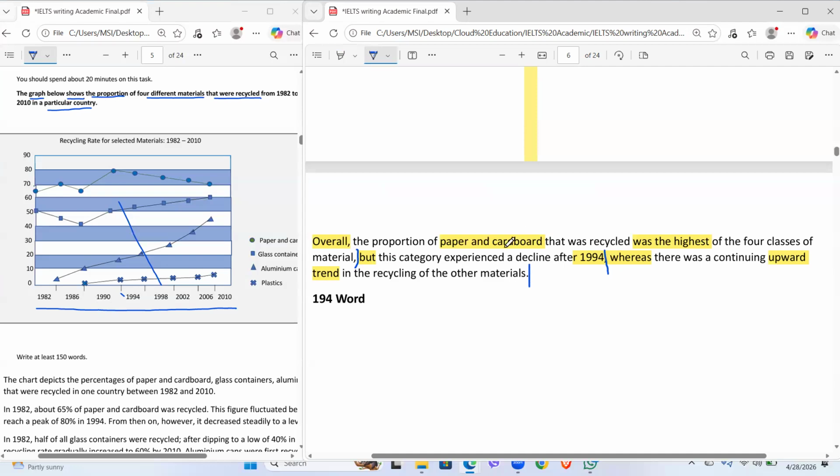So there are 3 ideas, and just making only 1 sentence. If you write this kind of sentence, that is a plus point for your writing. If you break it into 3 sentences, then you will not get a better score. And don't forget this kind of relative clause, which I told you yesterday: whereas, which, that, but. You can use them in your sentences and join.